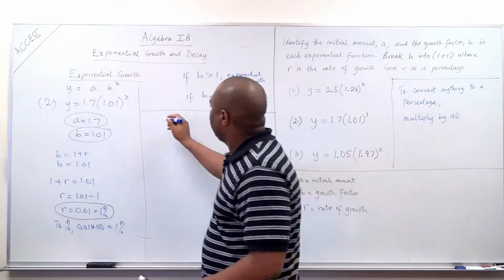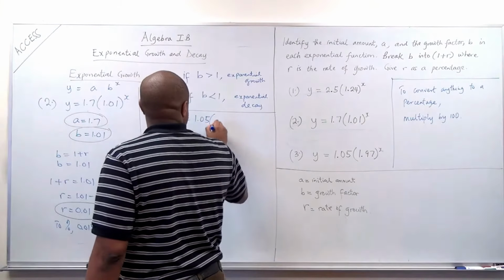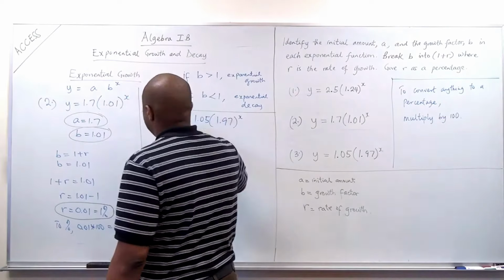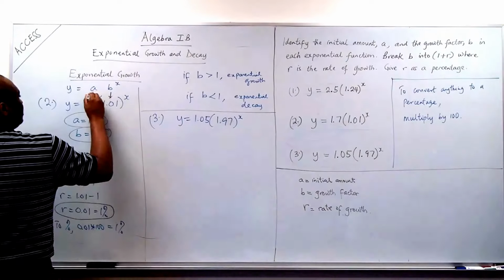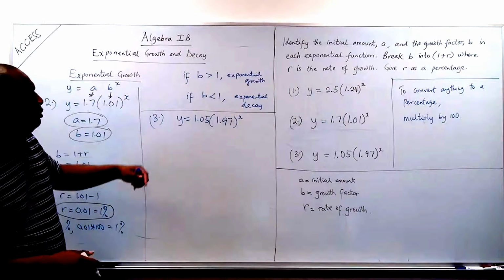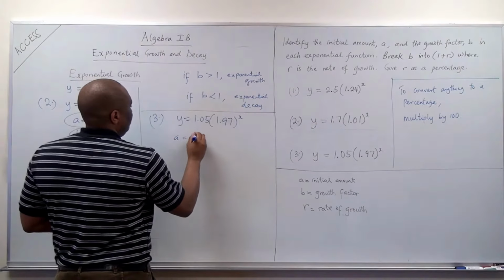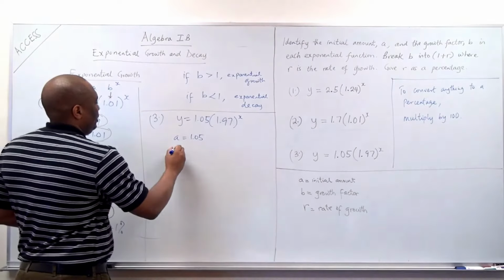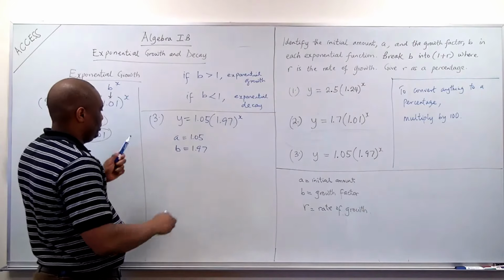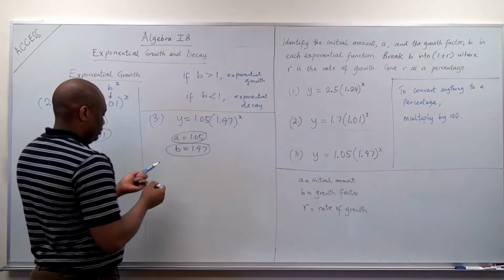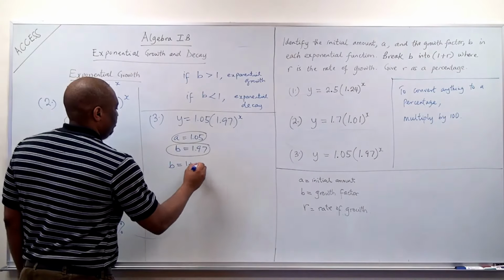Okay, number 3. We have Y equal to 1.05 times 1.97 to the power X. Okay, you still do A B to the X. This is A and this is B. So if you compare this, you see that our A is 1.05 and our B is 1.97. Now to get our R, we see that our B is also 1 plus R, the rate of growth.